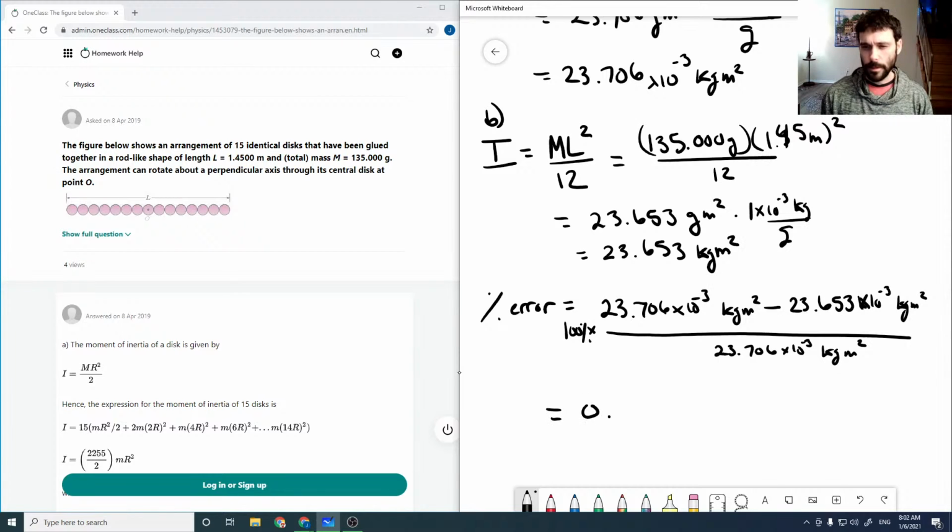And so this comes out to be 0.223%. So not too bad. Significantly less work and not too bad an approximation.